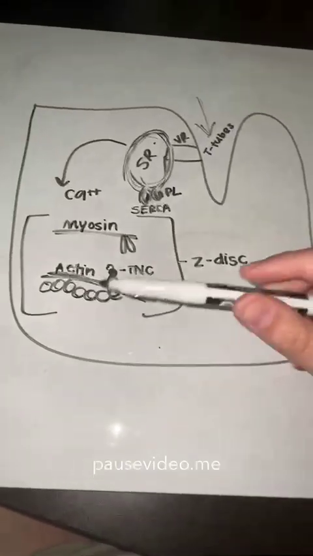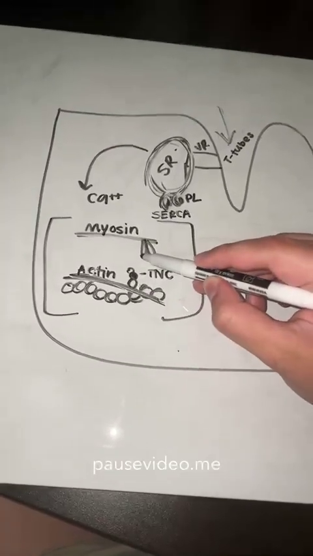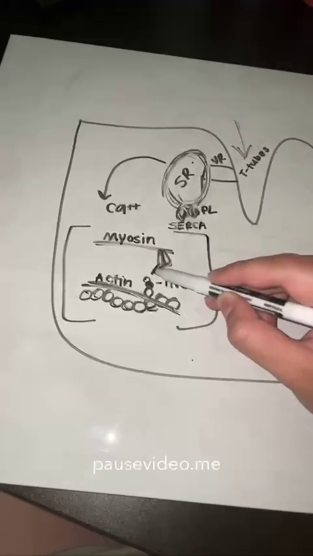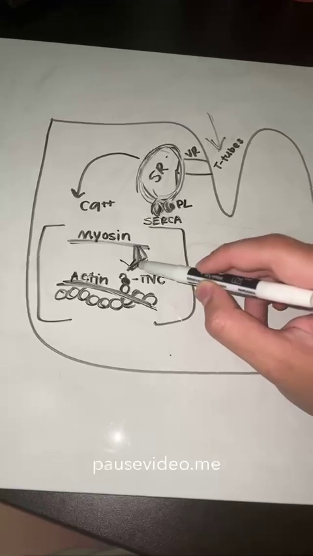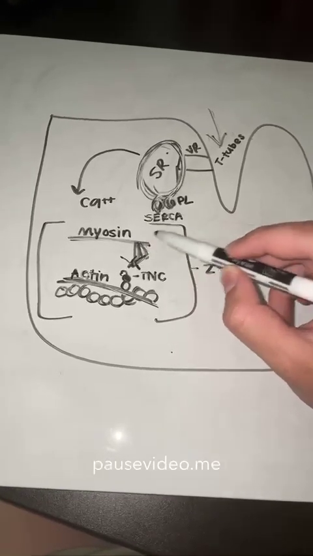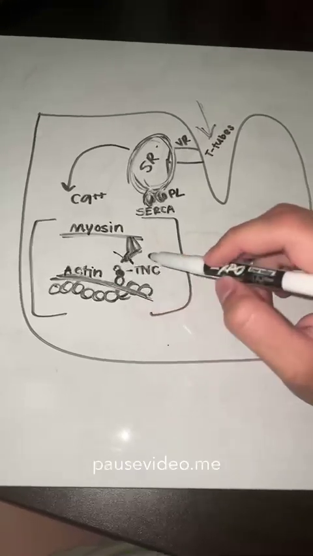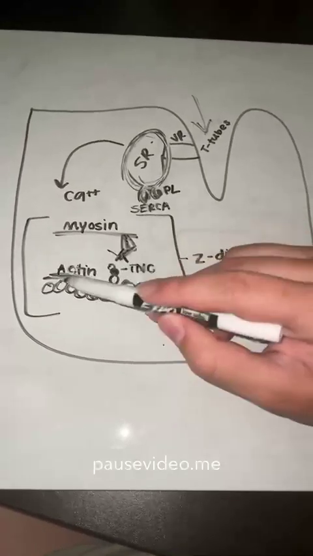And this is the Z disc. So once we have an attachment, we can attach and attach. And one of them is ADP and one of them is inorganic phosphate. So when they attach, they do half a stroke and then half a stroke to get that full muscle contraction.